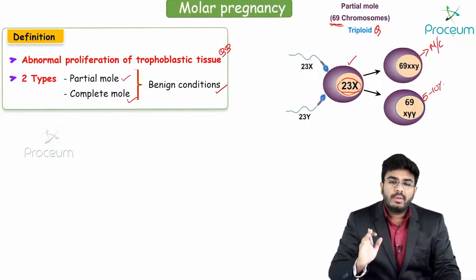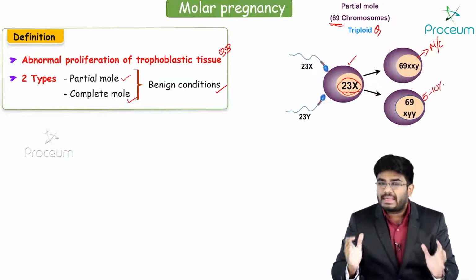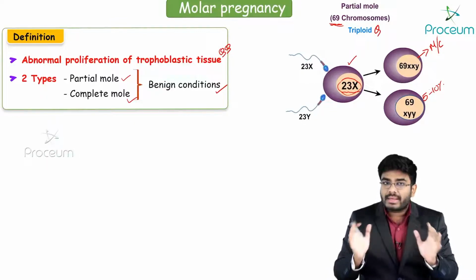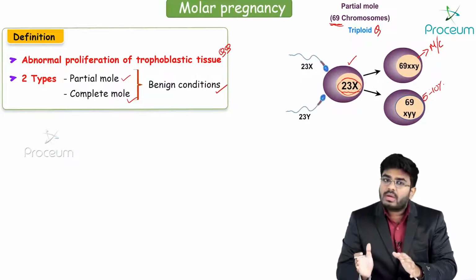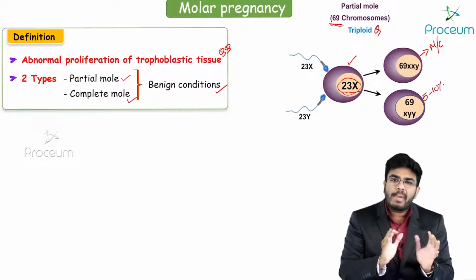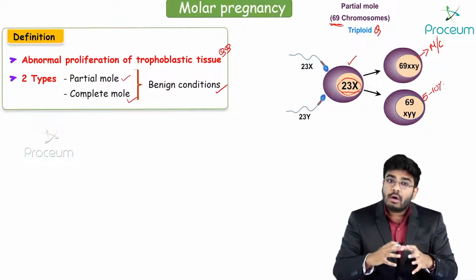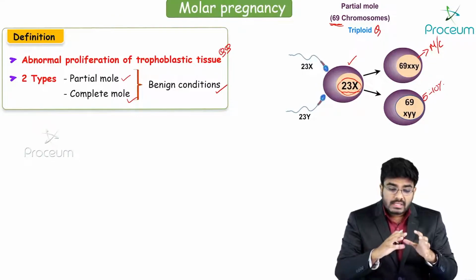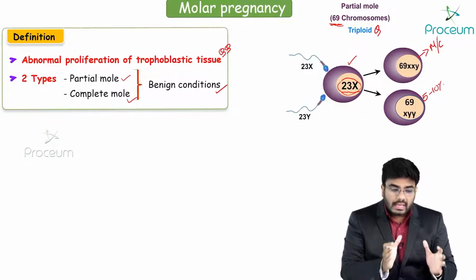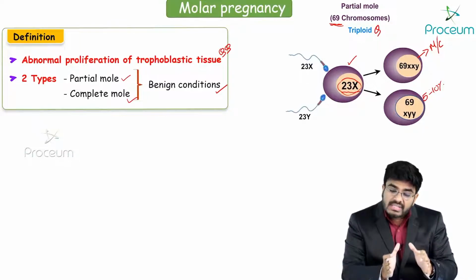Now, let me ask you one thing. This partial mole is not too bad a condition. I am only comparing. When compared to complete mole, in partial mole the name itself says it's a partial thing. So here, the trophoblastic outgrowth is not going to suppress the baby formation, it's not going to suppress the fetus.